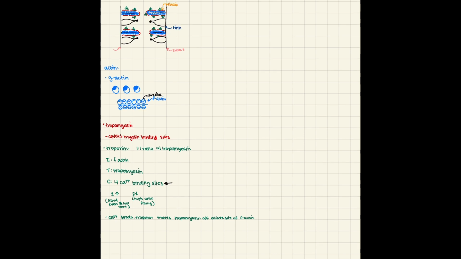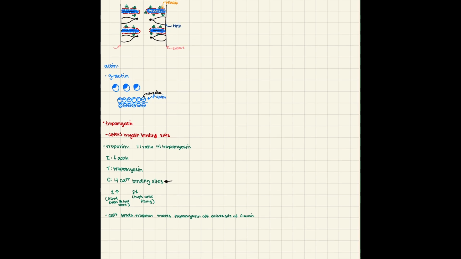So myosin is the other contractile filament in skeletal muscle. So there's actin and then there's myosin. And myosin is made up of 2 main parts.